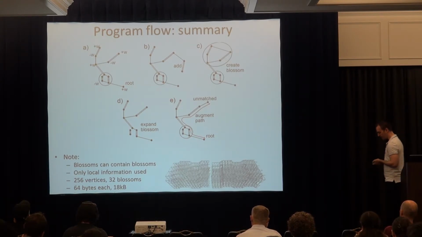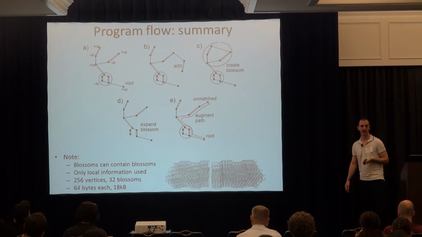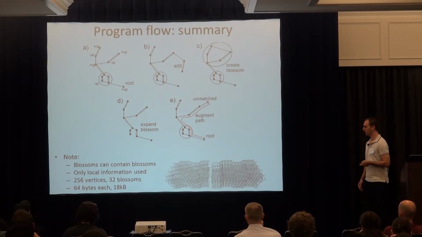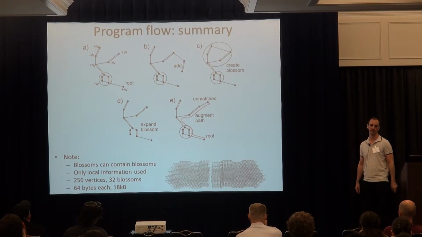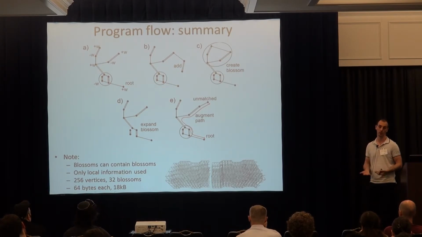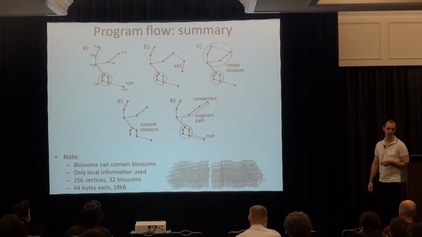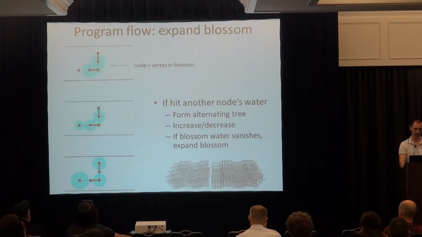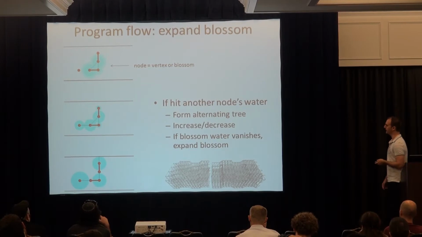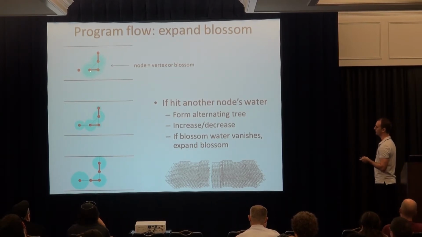The complexities are numerous when you try to do this. Things like blossoms contain blossoms of blossoms, and you've got to write code that copes with that. It's got to be fast. You have to do annoying things like, all right, so you can easily imagine how you would do a breadth-first search for this part of the algorithm, the inner part. It's not so easy to do this kind of uniform breadth-first search around, but that's still possible.